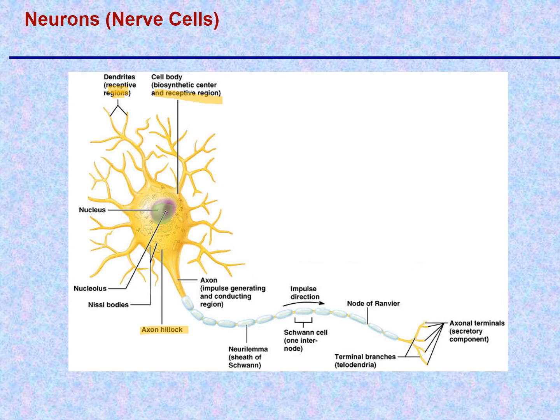And here is the axon extending outwards all the way to the axon terminals. All along the length of the axon, you have many individual Schwann cells wrapped around it. The space in between each Schwann cell is called a node of Ranvier. So at each of these points, there is a node of Ranvier.